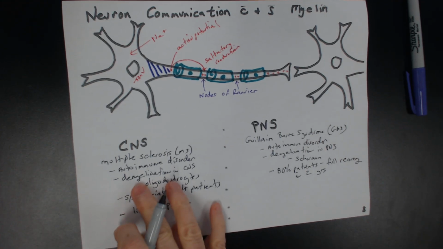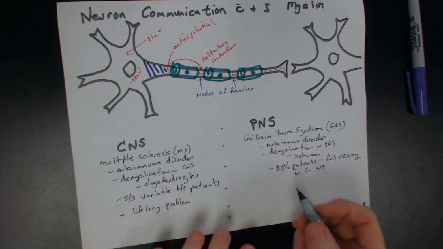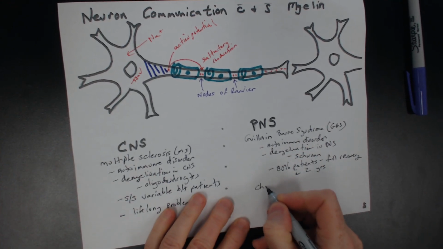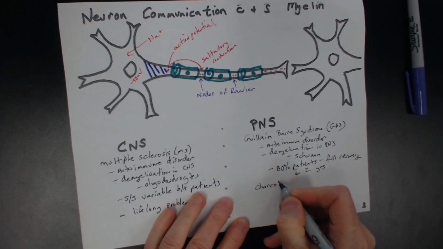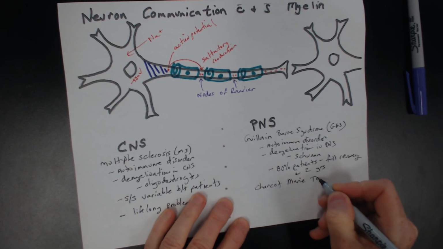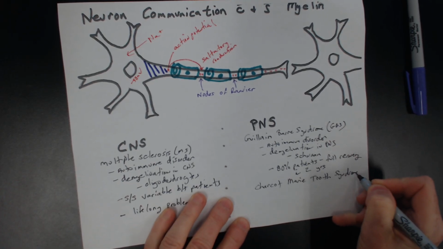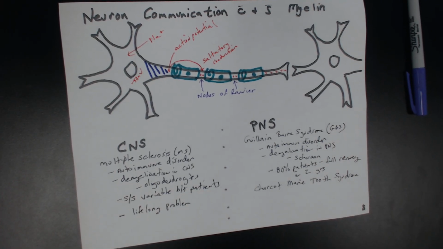And then there's one more. Multiple sclerosis, Guillain-Barré, both autoimmune disorders. The last one that we're going to talk about is called Charcot, C-H-A-R-C-O-T, Marie, M-A-R-I-E, tooth, T-O-O-T-H, syndrome. In contrast to the other two that are autoimmune disorders, Charcot-Marie-Tooth is genetic.